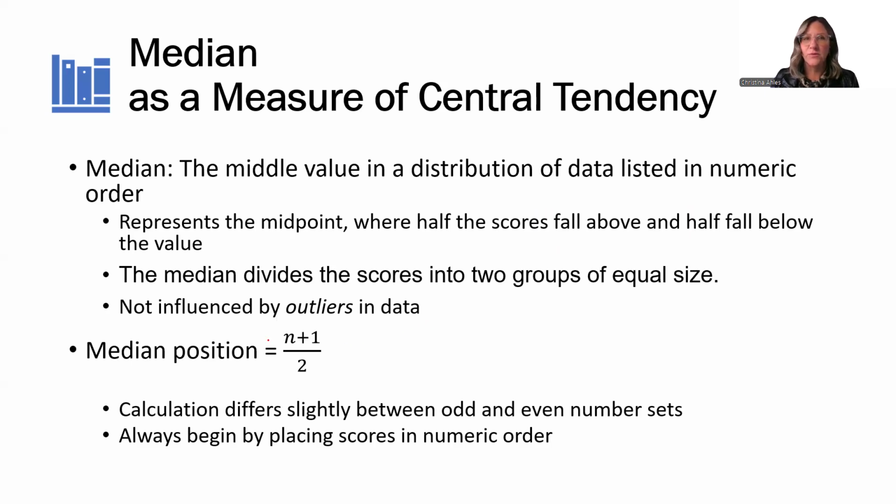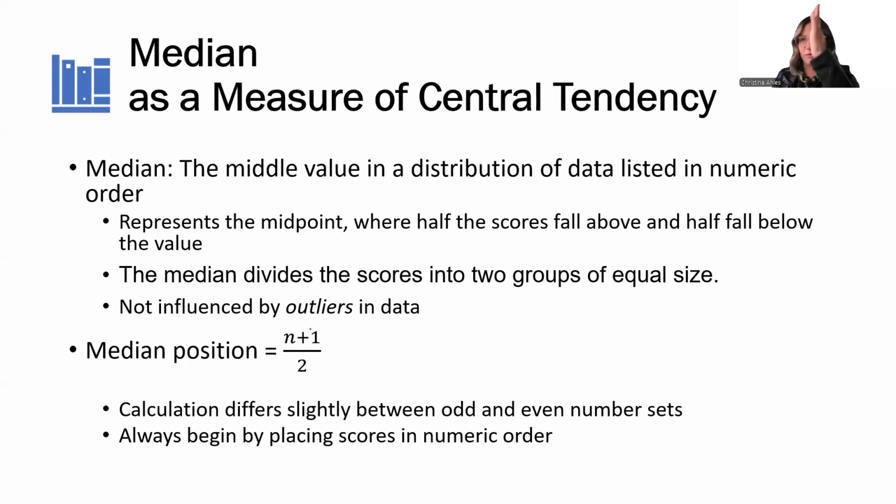To get that, what we want to do is first find the position of the median. So how many numbers in would we find the median if we had the numbers organized from smallest to largest? What we're going to do is take our sample size and add 1 to it, and then divide that by 2.